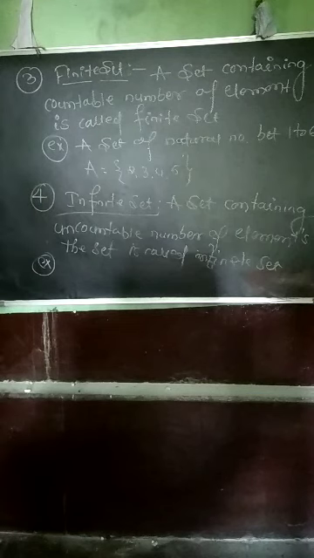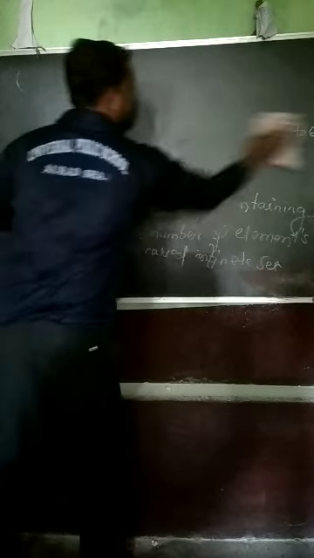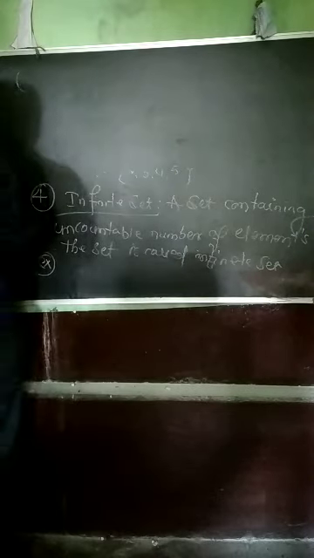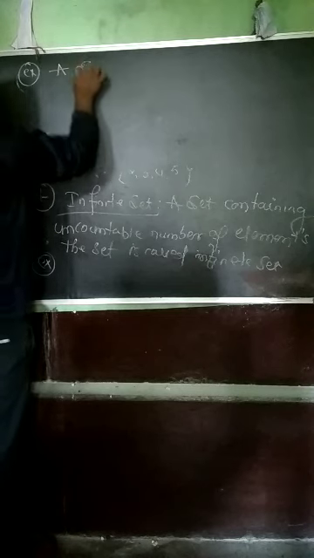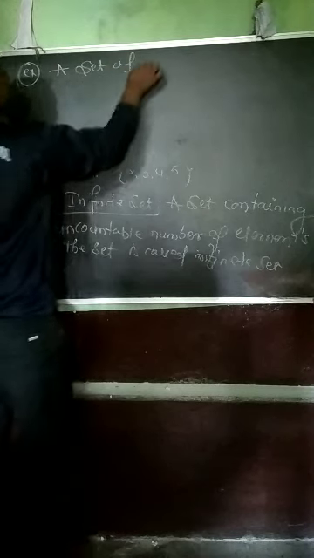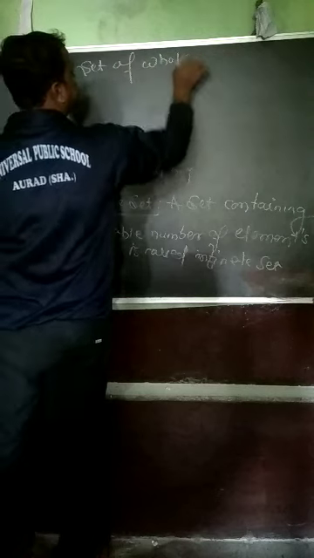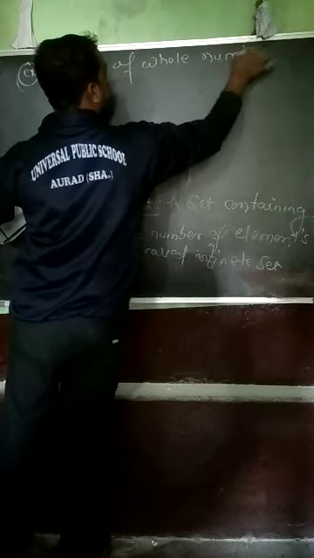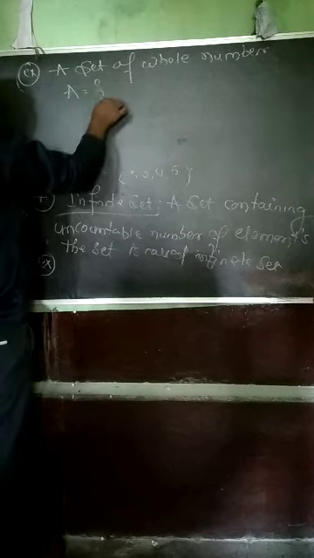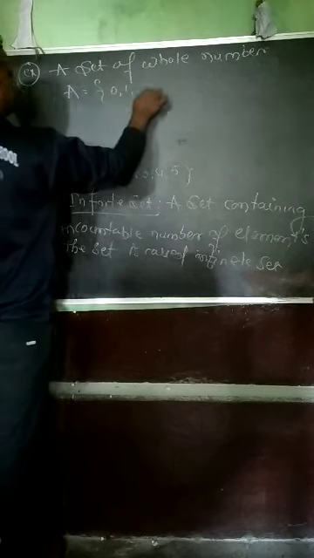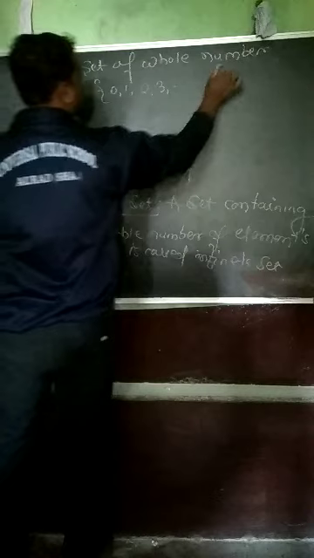An example: a set of whole numbers. A is equal to 0, 1, 2, 3 and so on.